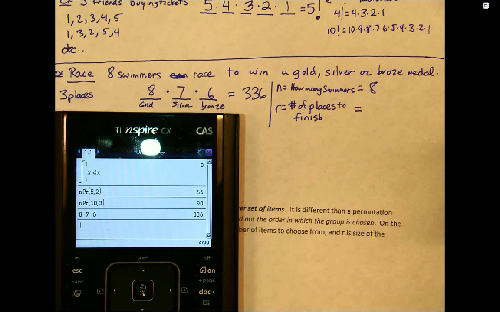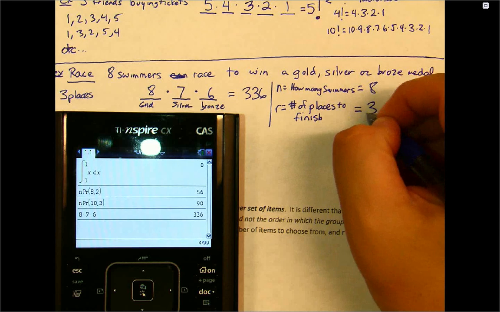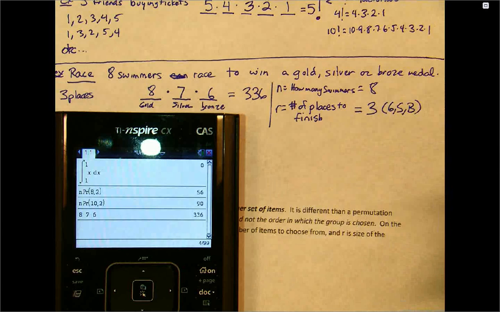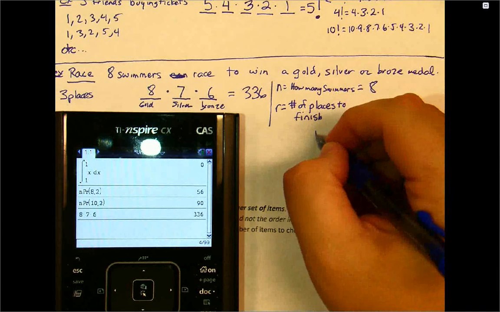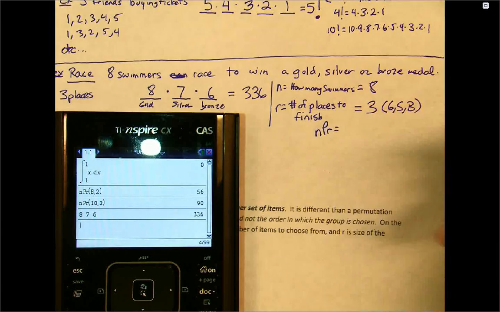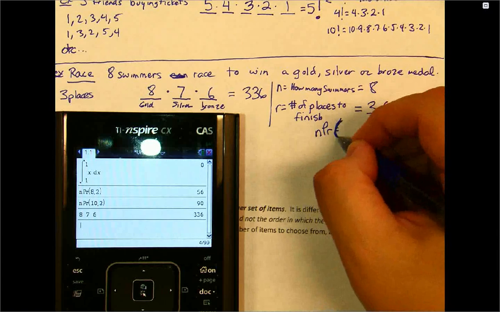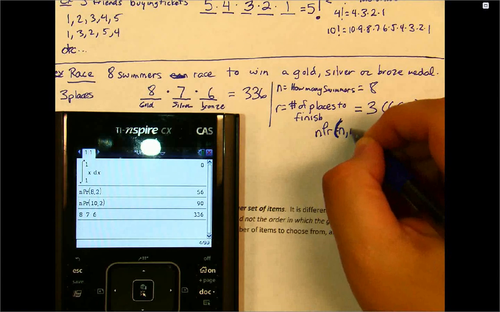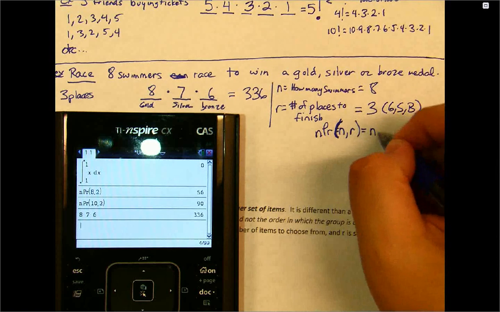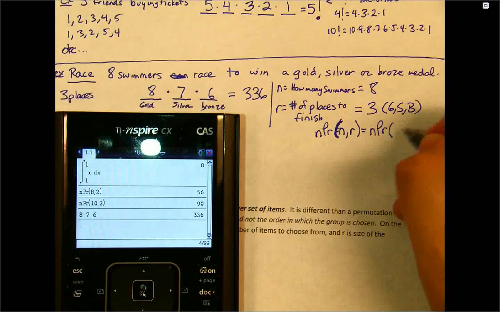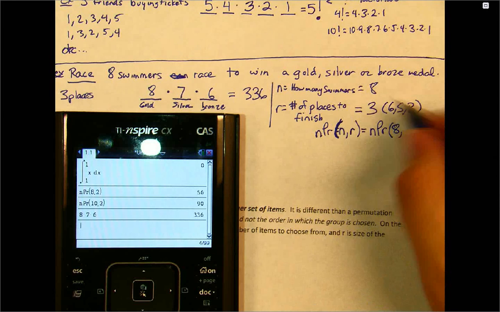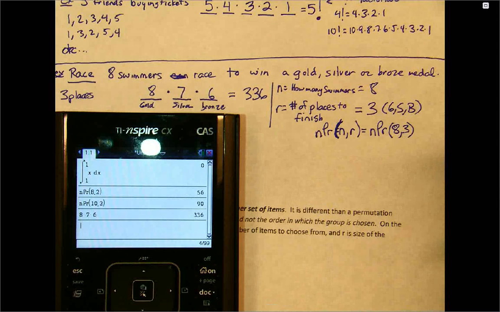There are 3 places, and that refers to gold, silver, and bronze. Now there's something called nPr. And it's not an equal sign. It will be nPr, and then we're going to use n, comma, r. So it would be nPr, parentheses, the number of swimmers, which is 8, and the number of places that they can finish, which is 3. So our calculators can do this for us.